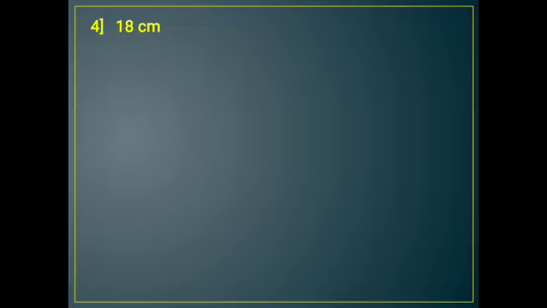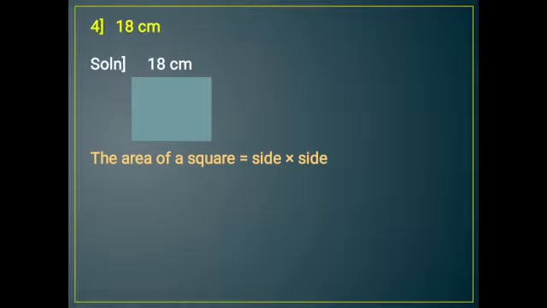Next, question number 4. 18 centimeter. So we will draw the square first, then we will write the measurement of the side, then what will we write? Yes, we will write the formula. The area of a square is equal to side into side, that is 18 into 18.